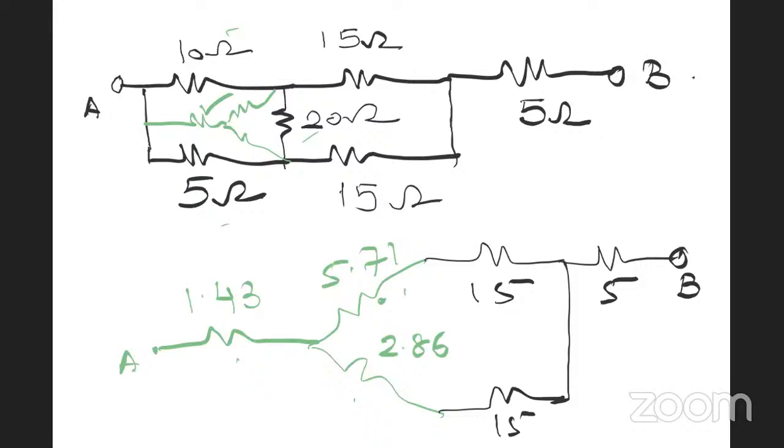Now, how are these two? Series? How are these two? Series? And then they'll be in parallel, then everything will be in series. Can you tell me the answer? It will be 15 plus 5.71, which is 20.71. Then 15 and 2.86 will be 17.86. These two will be in parallel. And then finally, I'll get a diagram like this.